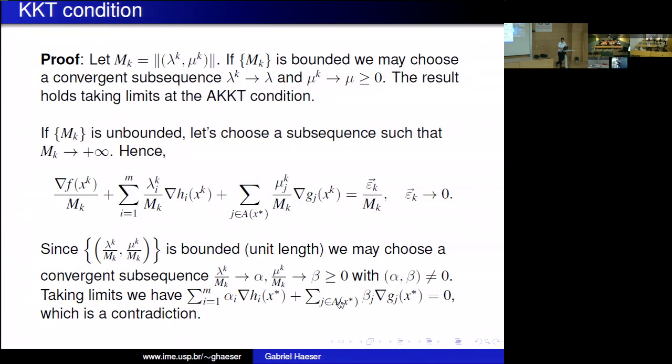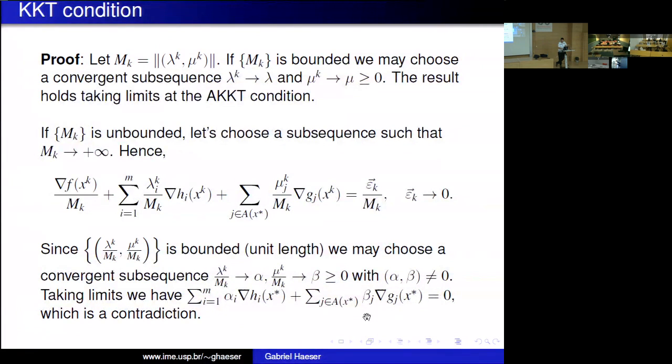This is what we call positive linear independence. So if these vectors are positive linearly independent, then we can prove the KKT condition also. I could have linearly dependent vectors, so this alpha and these betas could be non-zero as long as some beta j is negative.